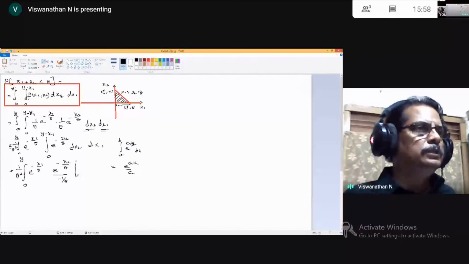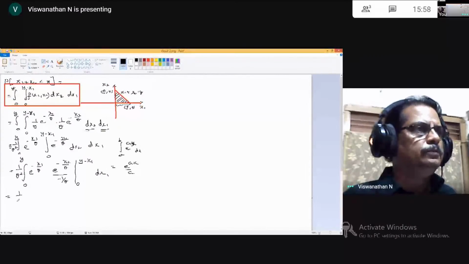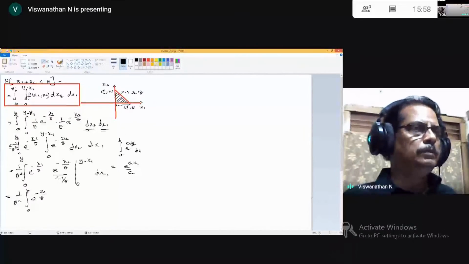And what about the interval? Interval is from 0 to y minus x1. Outer you have x1 dx1, which is equal to 1 by theta square integral 0 to y e power minus x1 by theta. And see here what happens.